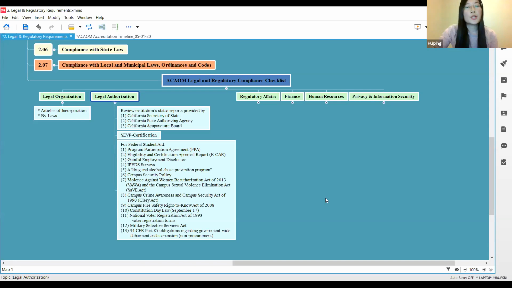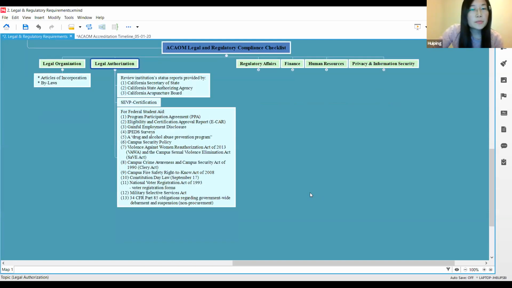And because UEWM provides federal student aid service, we will also need to provide the PPA, that's program participation agreement, and e-card, and gainful employment disclosure. And we also need to complete the IPEDS surveys every year.